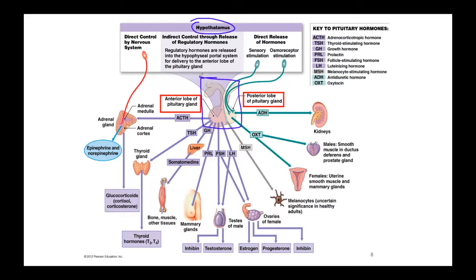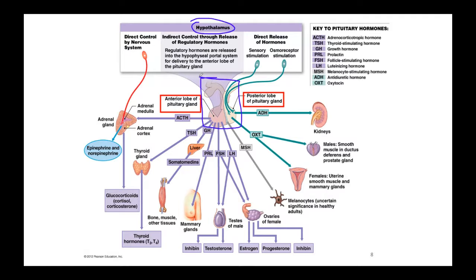In a previous video, you heard me talk about the pituitary gland, and you heard me say that there was an anterior portion and a posterior portion. You heard me say in another video that the anterior portion was called the adenohypophysis, and you also heard me say that the posterior pituitary is the neurohypophysis.